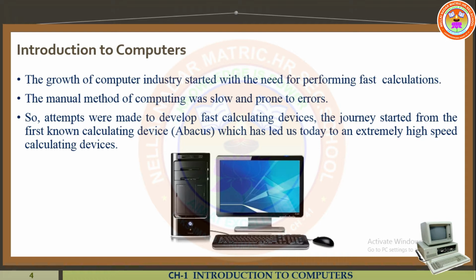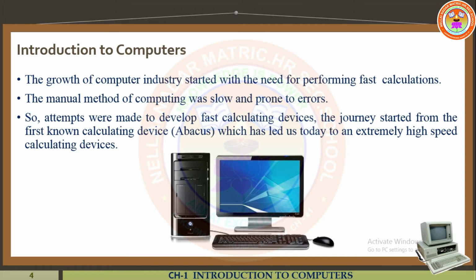So these are the negative points regarding the manual method of computing. But with the help of machines, we can overcome all the errors and mistakes. Why? Because the machine does the calculation in a very fast manner. So we have to develop fast calculating devices.